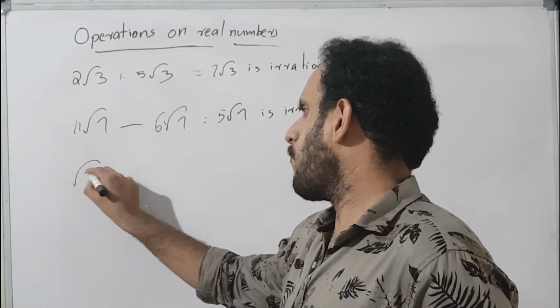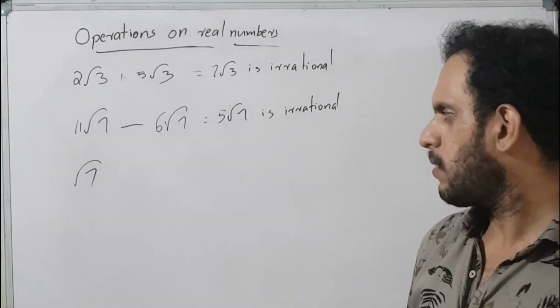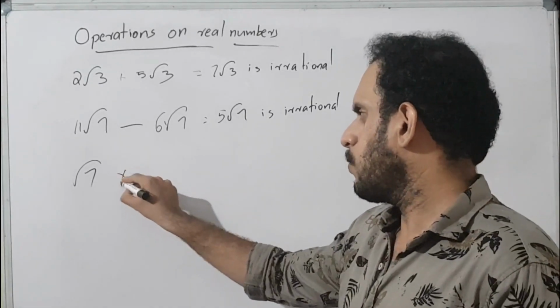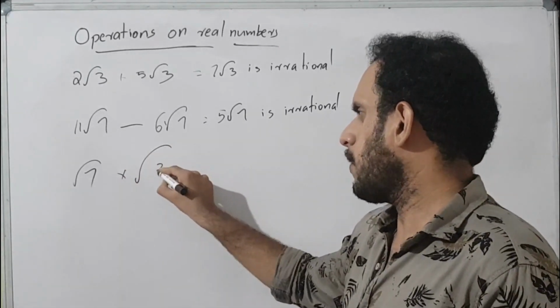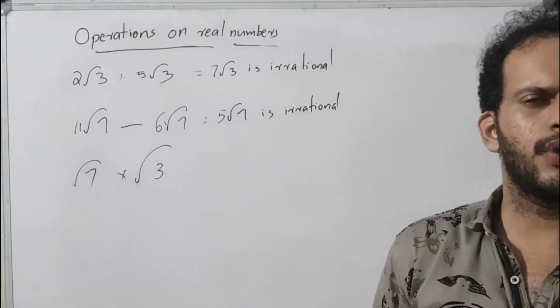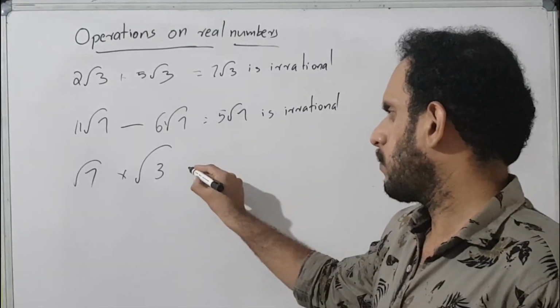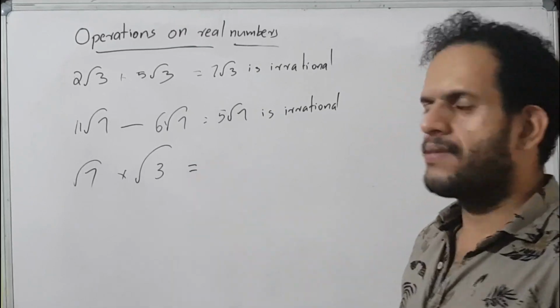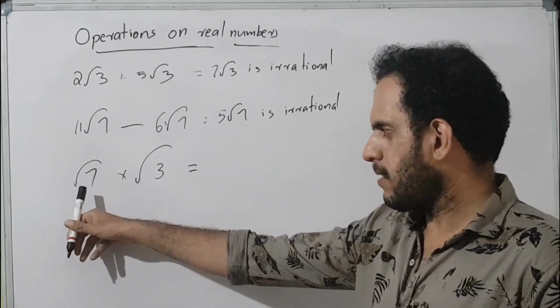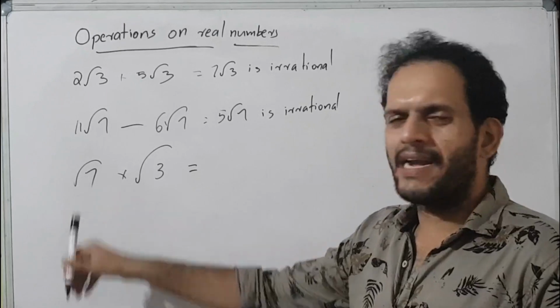Root 7 into root 3. We know how to multiply root 7 into root 3, correct? Which idea do we follow here?